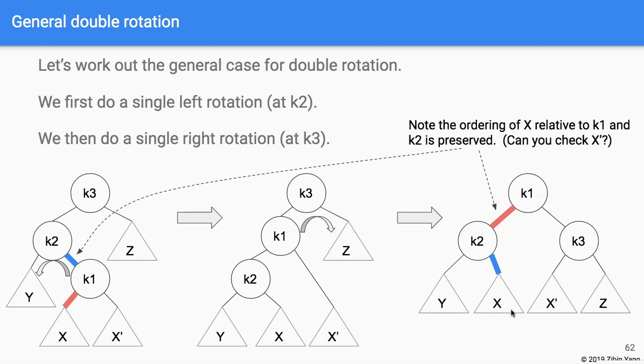Now, if you look at where X ends up, well, X is still bigger than K2, so that's not a problem. And then also, X is smaller than K1 because it's on the left side of K1, and well, X is still on the left side of K1. So we're good as far as X goes, and you should do the same check for X prime and make sure X prime is in the right place relative to both K1 and K3.